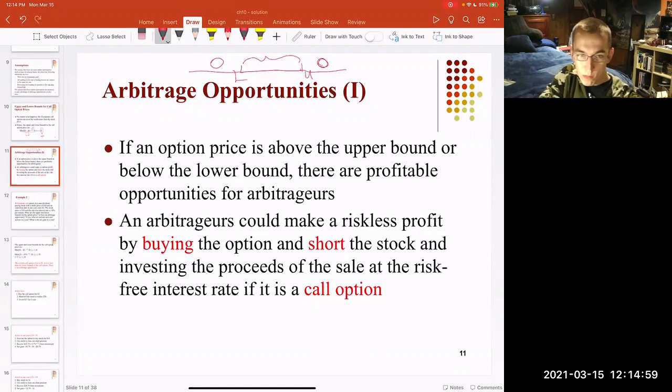Okay, so if the option price is above the upper bound or below the lower bound, there is a profitable opportunity for arbitragers. An arbitrager could make a riskless profit.